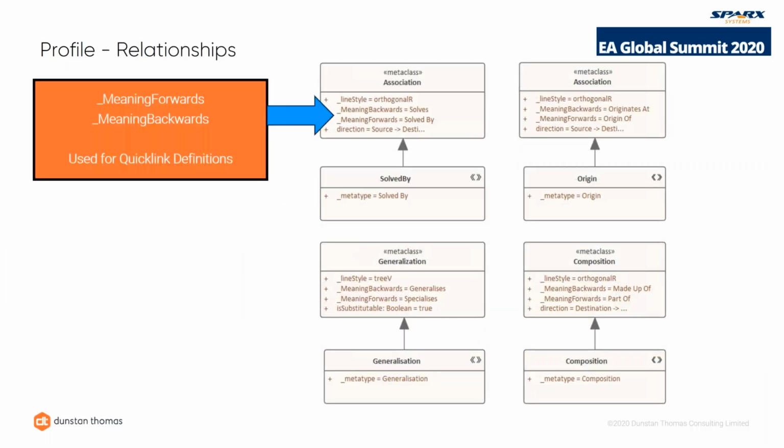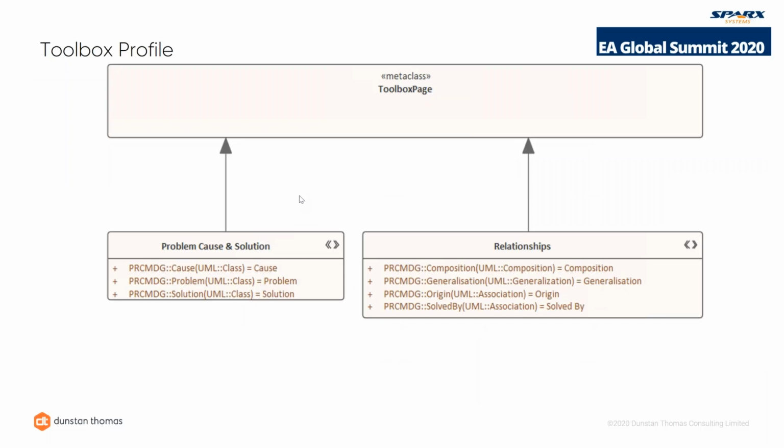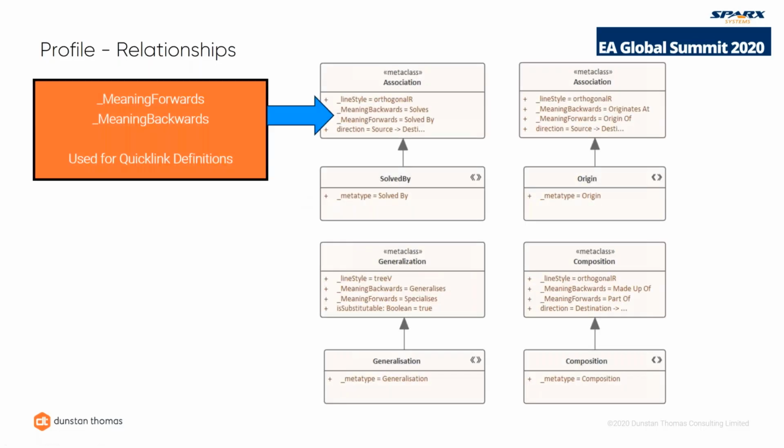Now, I'll go back one. The reason why I choose to do my own association, my own generalization, is simply, A, I can call it what I want, which makes sense to my meta model. But most importantly, I can control what appears on the menu. That's the Quicklink menu, which is the meaning forwards and meaning backwards. If I use a generic UML association, I'm forced to choose what EA has chosen for me in UML, which may be fine.